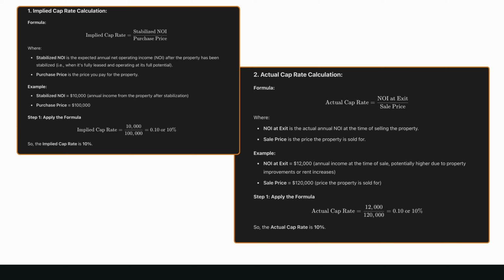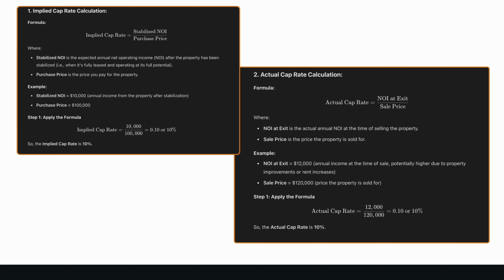Now the actual cap rate. The formula says net operating income at exit divided by sell price. This is something we calculate at the time of final true up. Net operating income at exit is the actual annual net operating income at the time of selling the property, and sell price is the price the property is sold for.